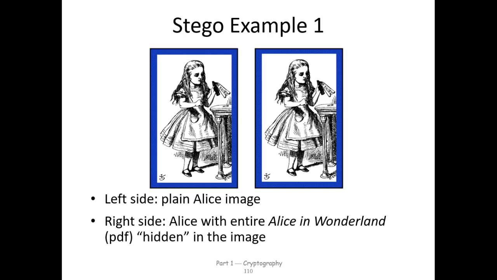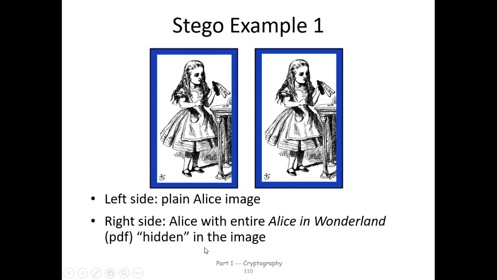There is one more stego example here. This is the Alice image. Left side is the plain Alice image; it doesn't contain anything. It's the original image only. The right side is also an Alice image, but it contains some hidden information. How exactly? The right side has the entire Alice in Wonderland, a PDF.